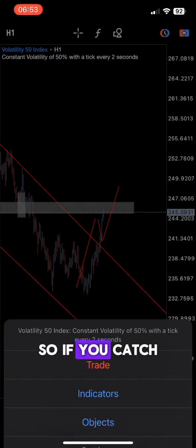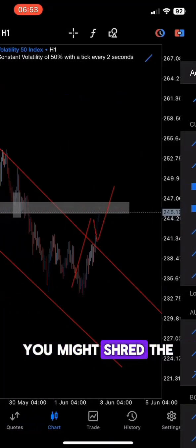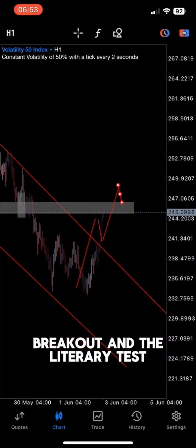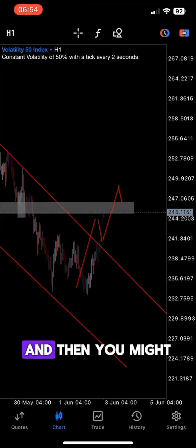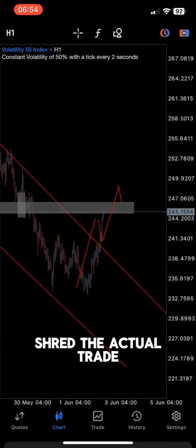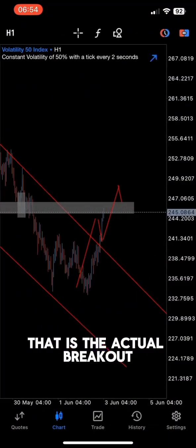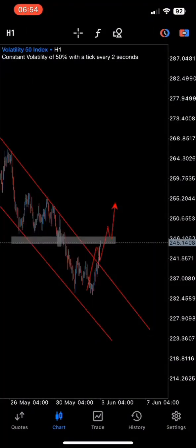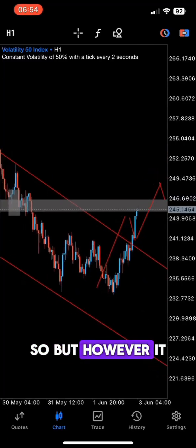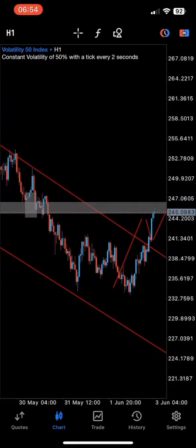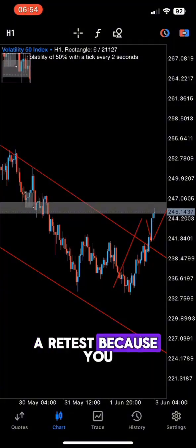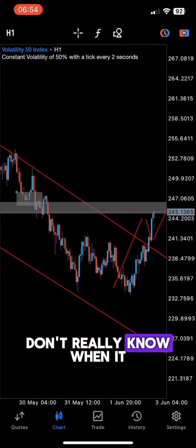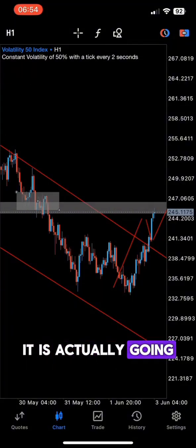So if you catch it very correctly, you might trade the breakout and the little retest, and then you might trade the actual trade, that is the actual breakout. But however, it is risky to trade a retest because you don't really know when it is actually going to happen.